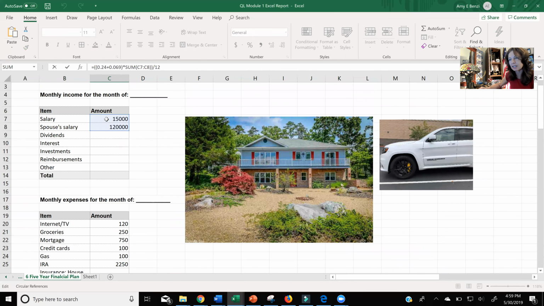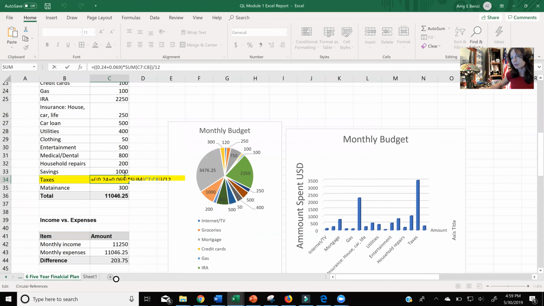This is my salary and my husband's salary mixed together. I just recently moved from a full-time position to teaching only online, so my pay has gone down significantly. So this is ours combined, and that is where I got this right here.